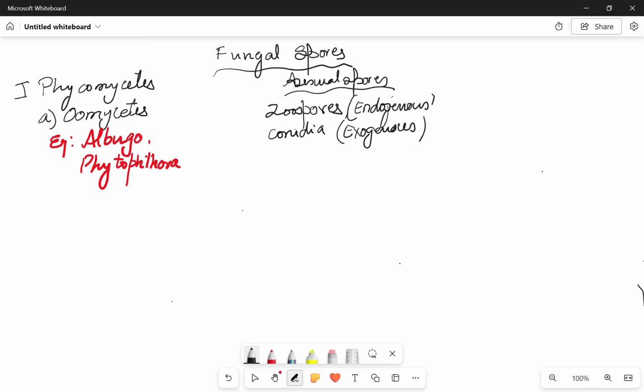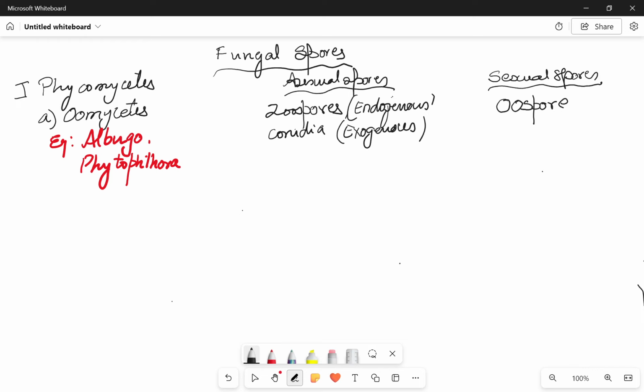Okay. Then come to the sexual spores of the group Oomycetes of the class Phycomycetes. Here the sexual spore of Oomycetes is an oospore, because of the fusion of the male and female gametes.